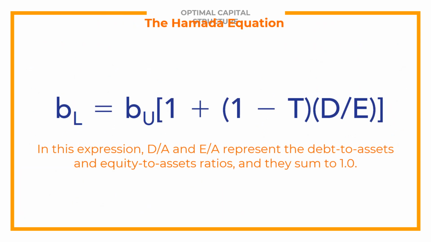So this is the Hamada equation, and the Hamada equation is again very important in determining the optimal capital structure. According to the Hamada equation, the levered beta is equal to the unlevered beta multiplied by 1 plus after-tax rate multiplied by the debt-equity ratio. Please take note that this is not the debt-asset ratio, but the debt-to-equity ratio. Okay?